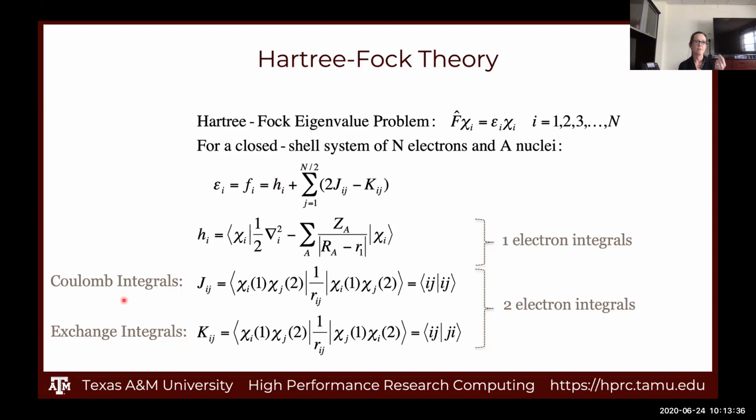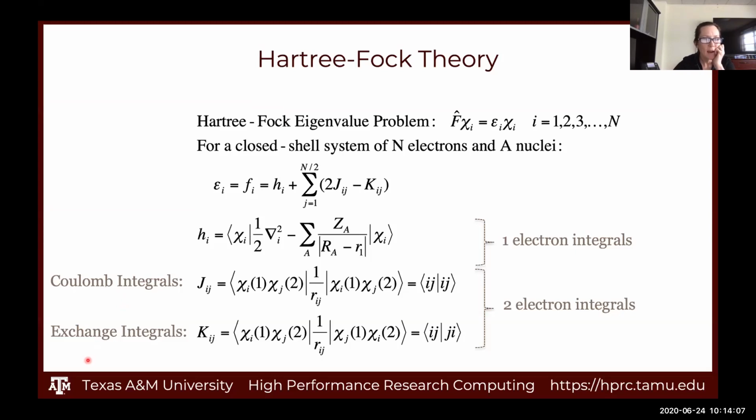So the electrons have the same charge, and so they want to stay away from each other. Okay. The exchange integral is a purely quantum effect. You get a stabilization out of the indistinguishability of the electrons. So if you exchange the electrons, it's actually a stabilization term. Like I said, this is a purely quantum effect and doesn't have anything at the continuum level that is tangible for us to relate to.